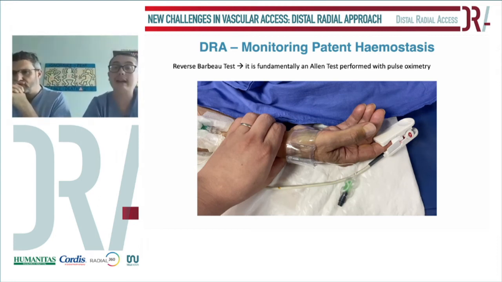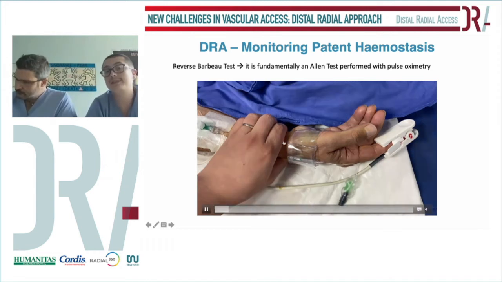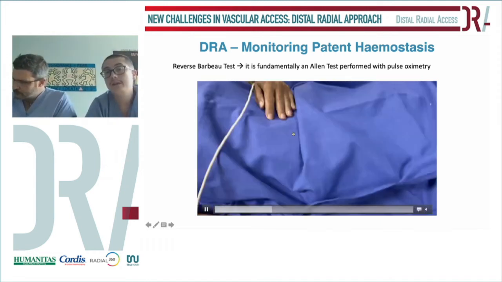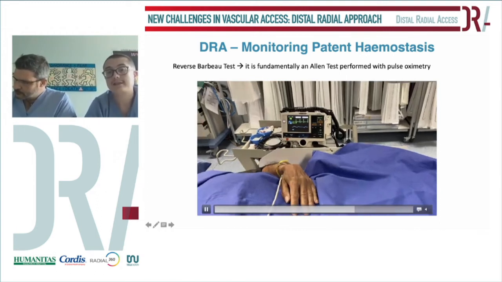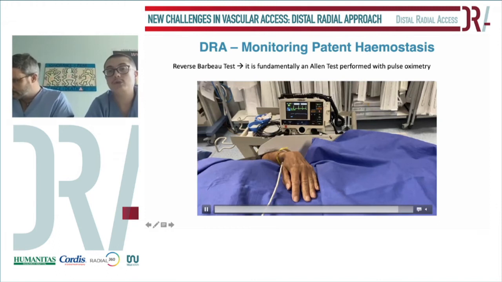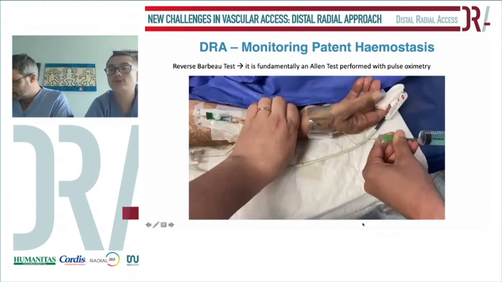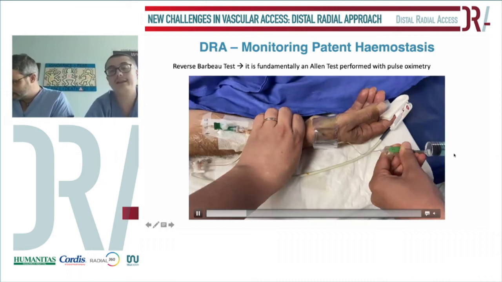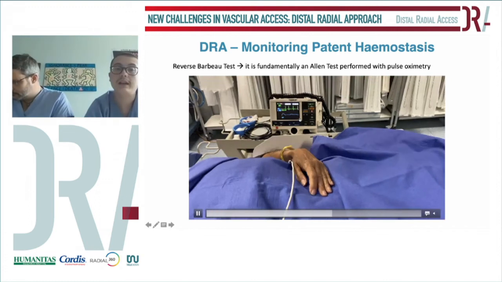But anyway, now we tend to check every time. So after the inflation of the TR band, you compress the ulnar artery. And you can see here that when the ulnar artery is compressed, the pulse is going away. And then what we do is to deflate a little bit the TR band, in this case the modified TR band, until the pulse comes back.